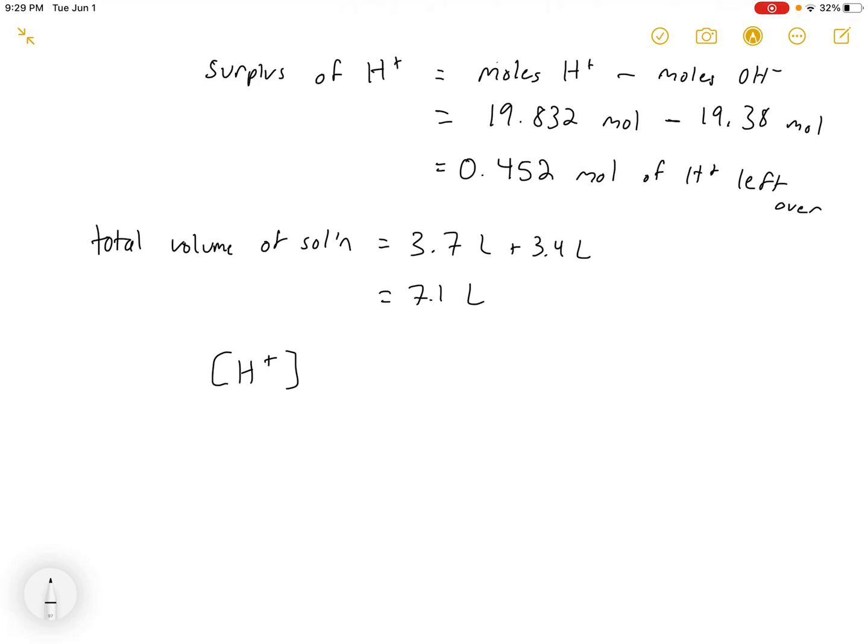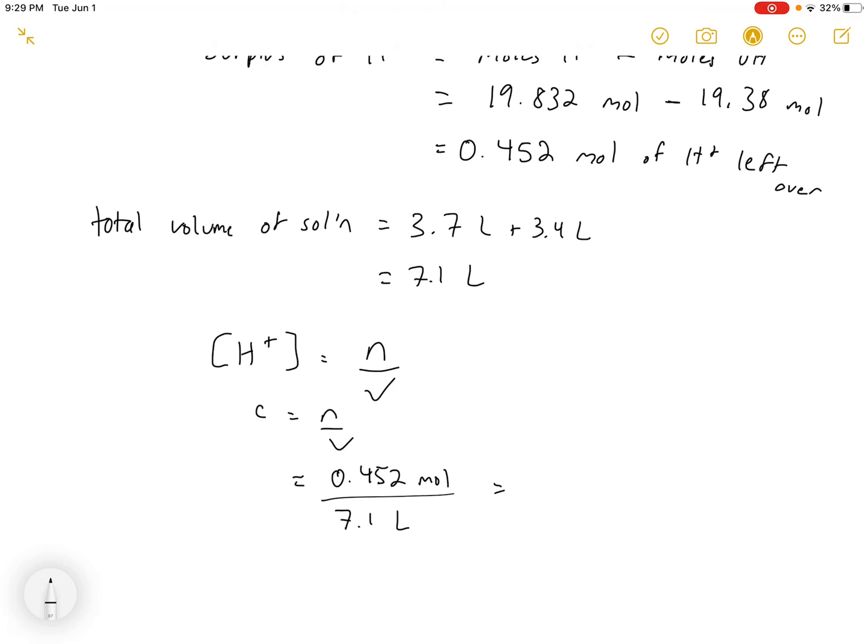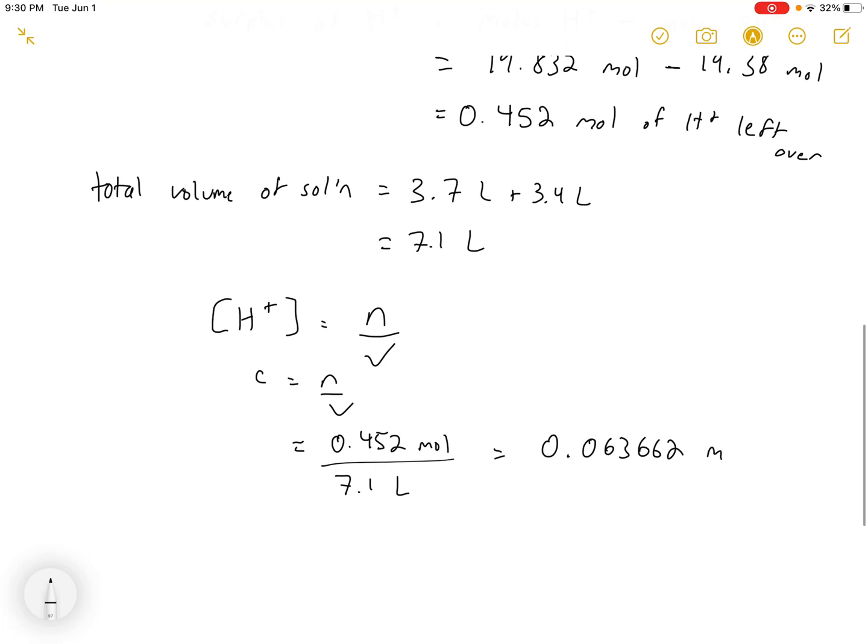The concentration of H plus, or C, is n over V. So n over V equals 0.452 moles divided by 7.1 liters, which, when you type that into your calculator, gives you 0.0636662 moles per liter.